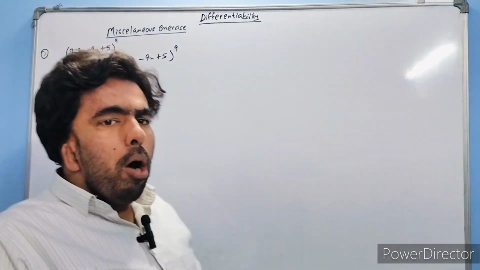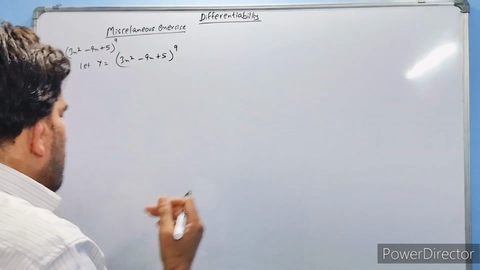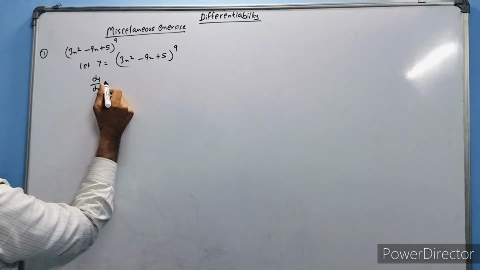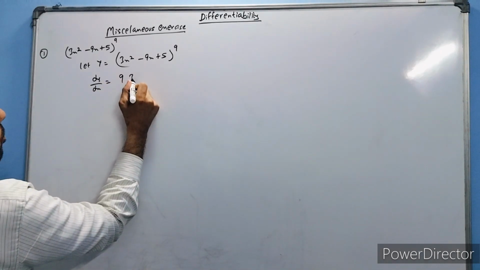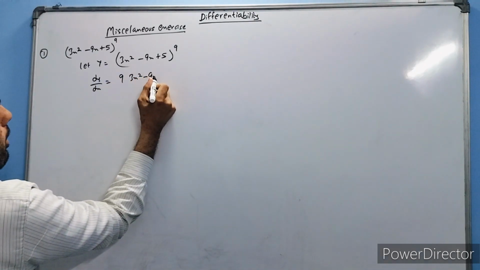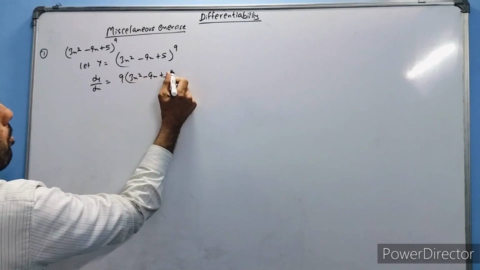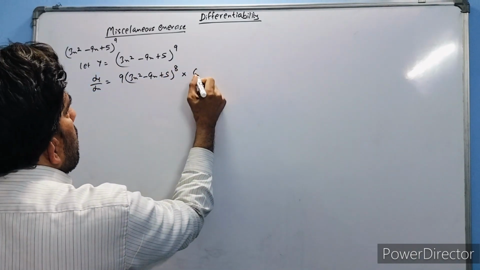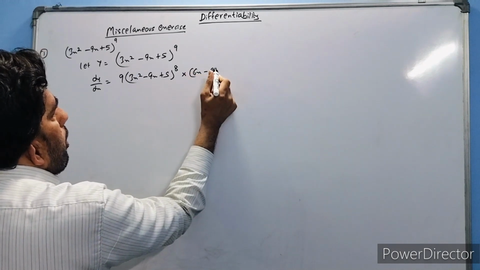Now let us see how we are able to differentiate it. Okay, so we have dy upon dx is equal to 9 into (3x square minus 9x plus 5) whole power 8 into the differentiation of this, which will be 6x minus 9.